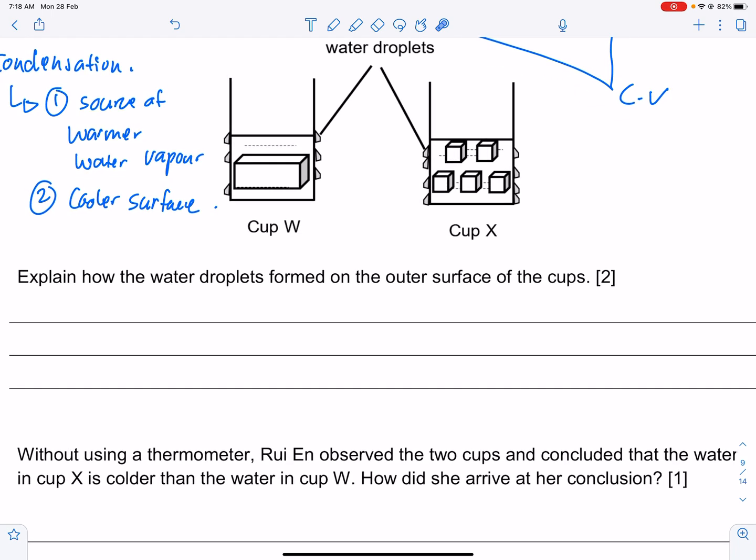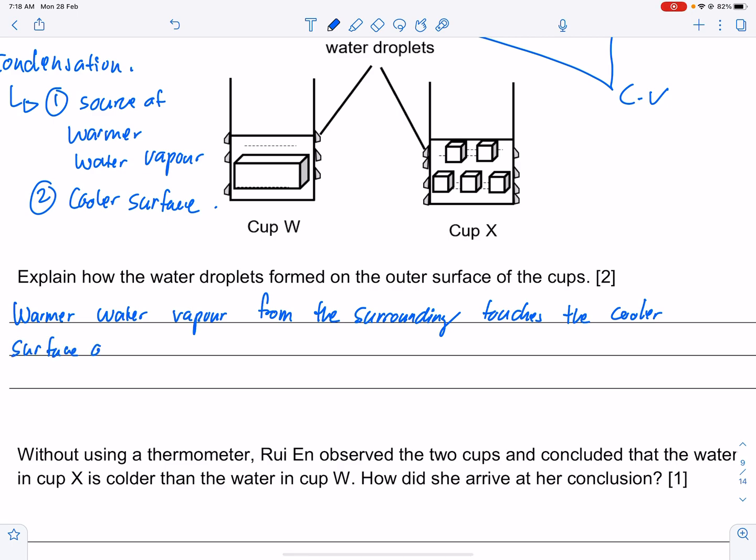So let's pen that down. Warmer water vapor from the surrounding touches the cooler surface of the cup, loses heat and condenses into water droplets.